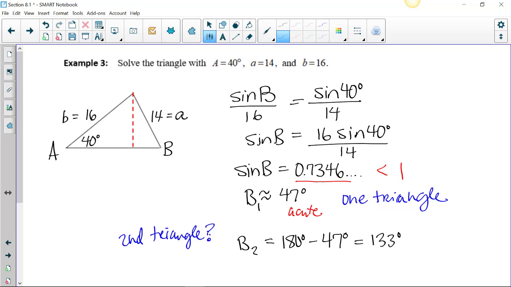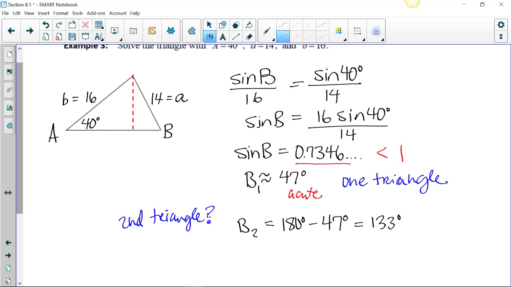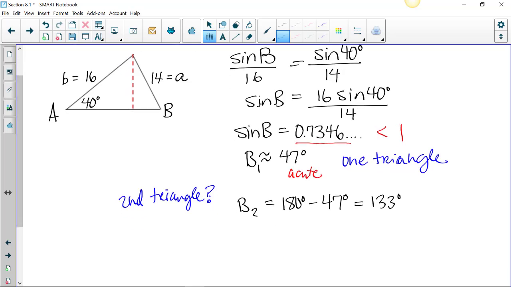So what I want to know is, will that make a triangle? If I had this angle is 40, and no, this triangle is not drawn to scale, and this angle is 133, do I still have some degrees left for this third angle?